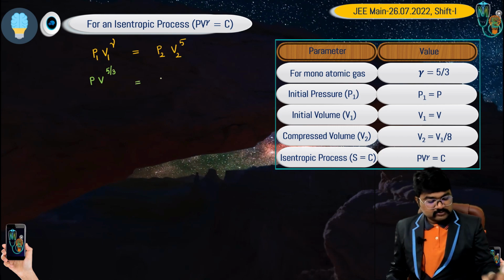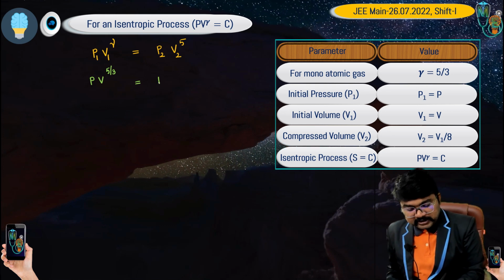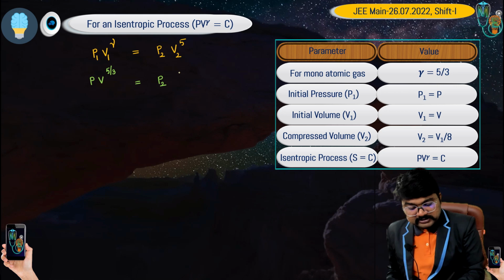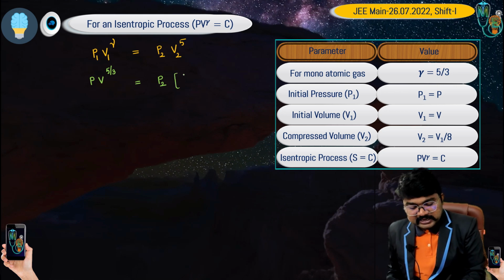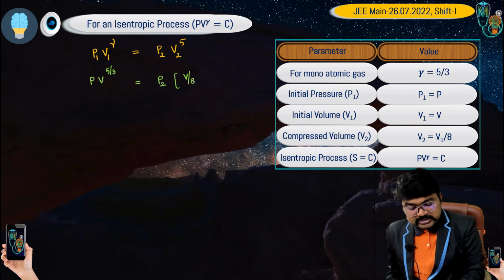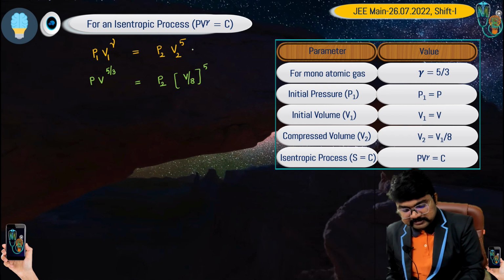We need to calculate P2 only. What is the pressure P2 we need to calculate. So V2 is nothing but V1 by 8. I can write it as V by 8 whole power 5 by 3.